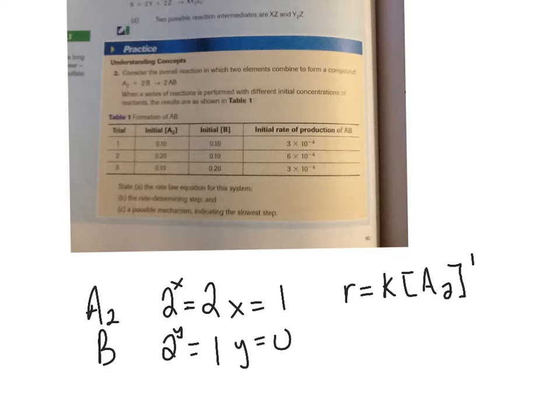So it says, state the rate law equation. It wants to know the rate determining step, and it wants a possible mechanism. Is that the rate determining step? That's the rate determining step. So what would you say? If your reactant is A2, what's the only thing that A2 can do?